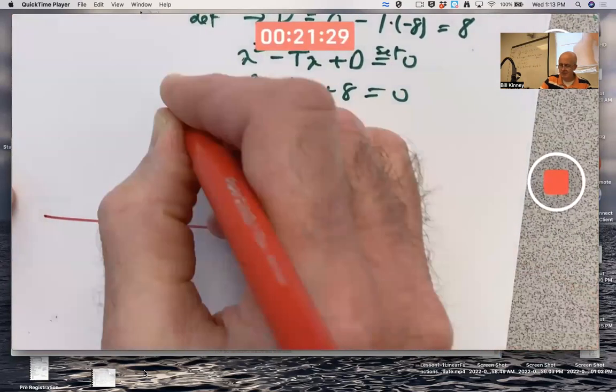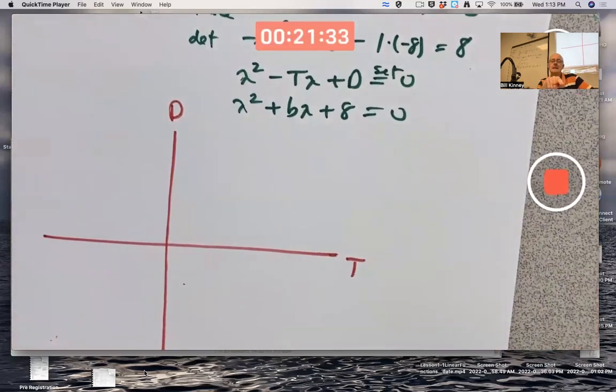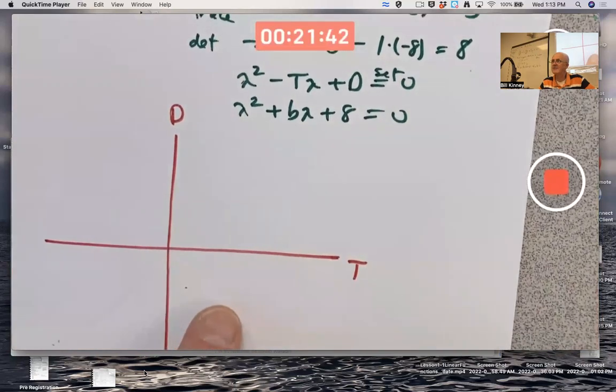This trace determinant plane, TD plane, will help in other situations besides this kind of situation. We don't need it to find the bifurcation value for this situation. But there are other situations where you don't necessarily have a harmonic oscillator. You just have a linear system that depends on a parameter, where this trace determinant plane is definitely very helpful.